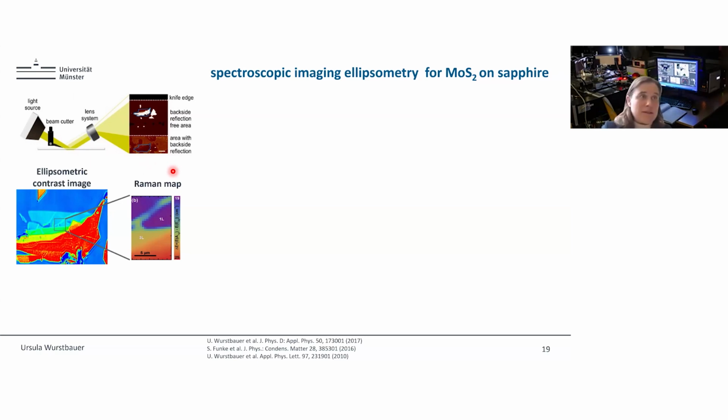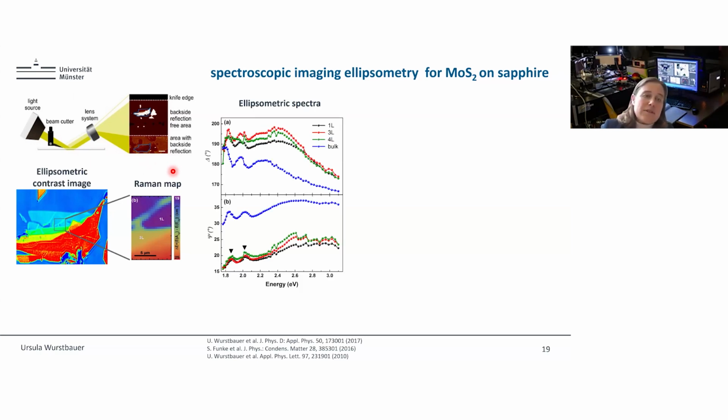But here it was nicely done. So with the imaging option, we could focus on the region of interest on the monolayer part, on the trilayer part, and so forth, and measure for each the ellipsometric angles as a function of the light energy. And then we did a modeling.